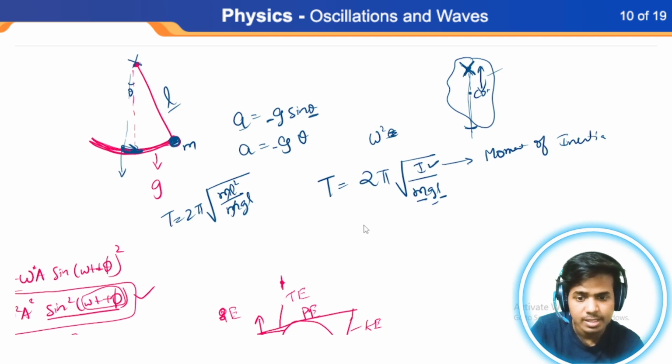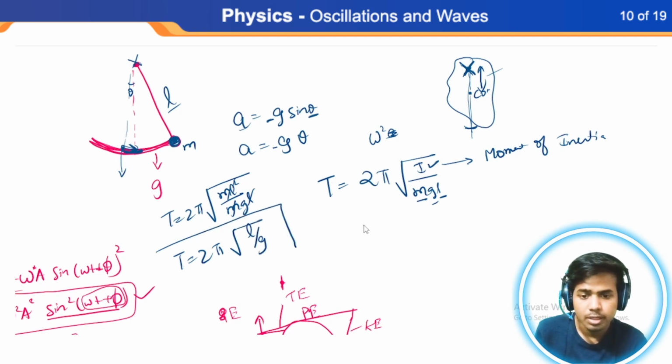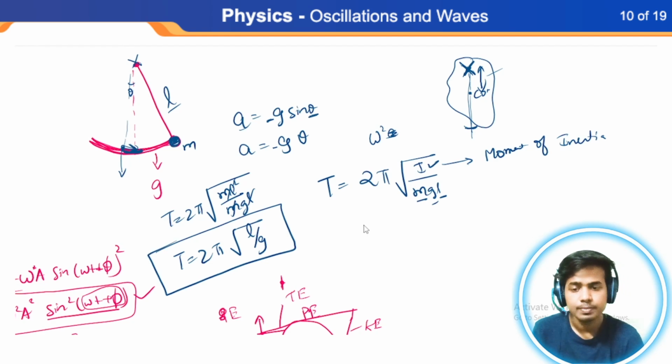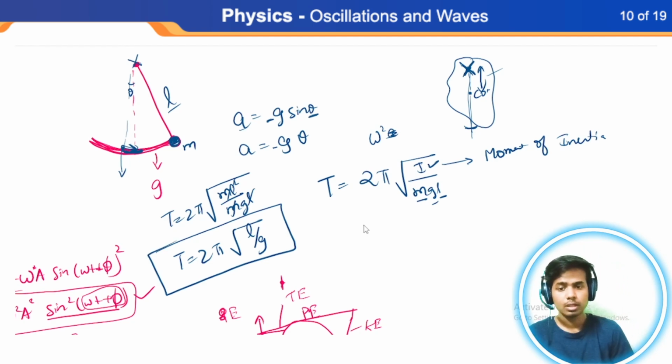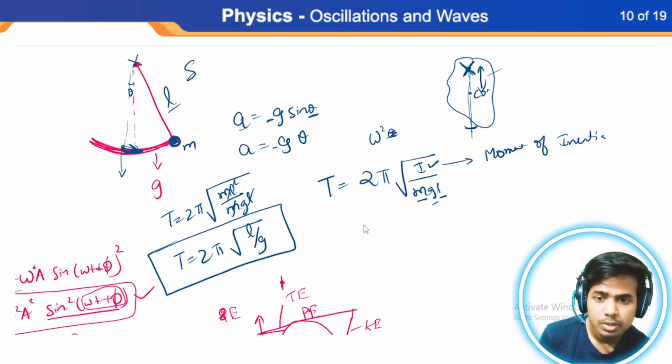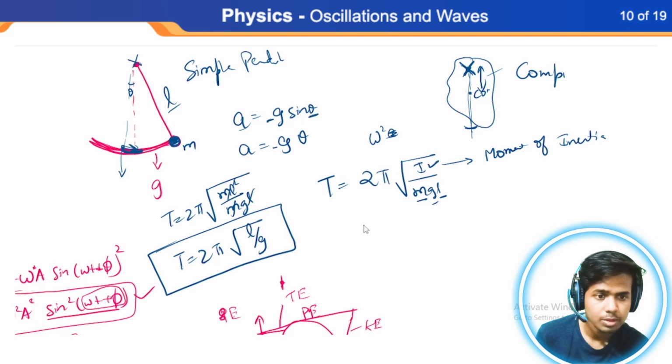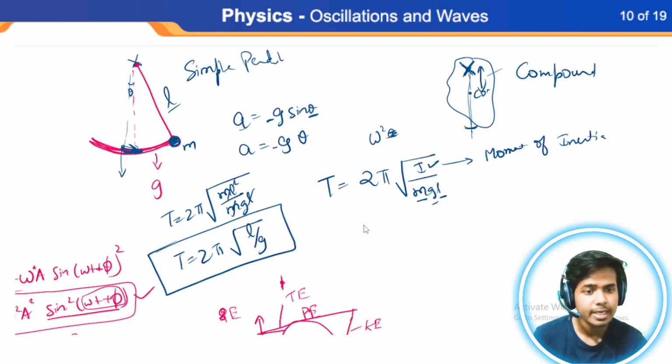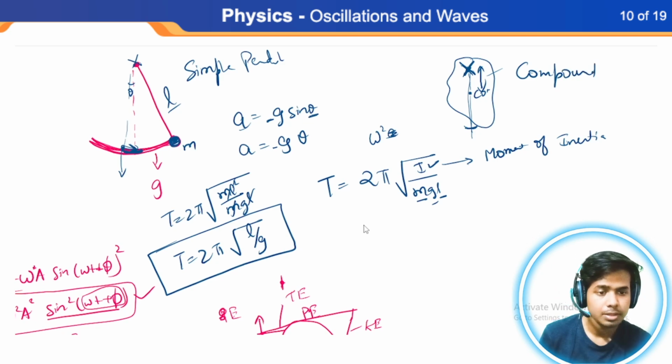Mgl, m gets cancelled out, one of the l gets cancelled out, and you're left with 2 pi under root l by g. This is the time period for simple harmonic motion for small oscillations of a pendulum. This is a simple pendulum, and this is a compound pendulum, meaning any object can be treated as a pendulum here.